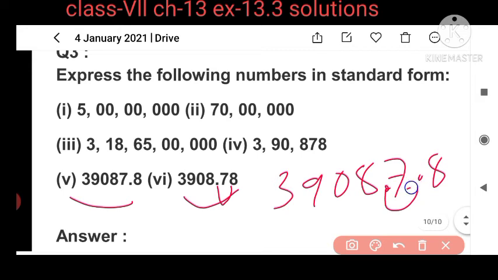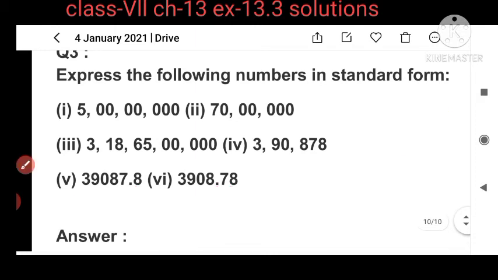So if you shift the decimal in this way, then here you will write 10 to the power minus 1. Okay, the power will be negative. Understood? The power will be negative if we are shifting the decimal to the right side, and if you are shifting the decimal to the left side, then the power will be positive. If it is 2, then it will be plus 2. It will not be minus.